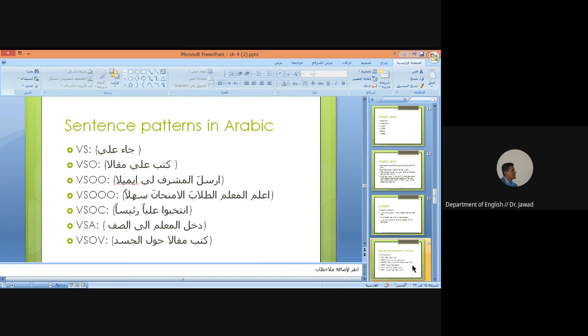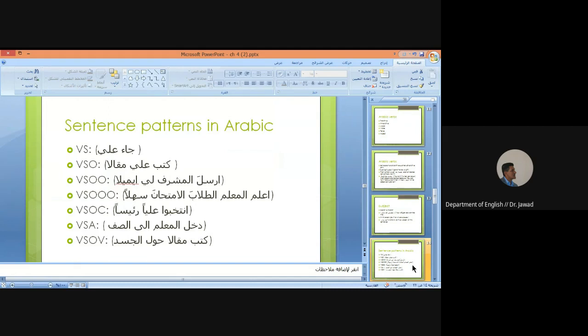Then this is the complement of the object. And let us consider the examples. جاء علي is a verbal clause because it starts with the verb جاء and the subject is علي. VSO كتب علي مقالا. مقالا is the object here. علي is the subject. كتب is the verb.